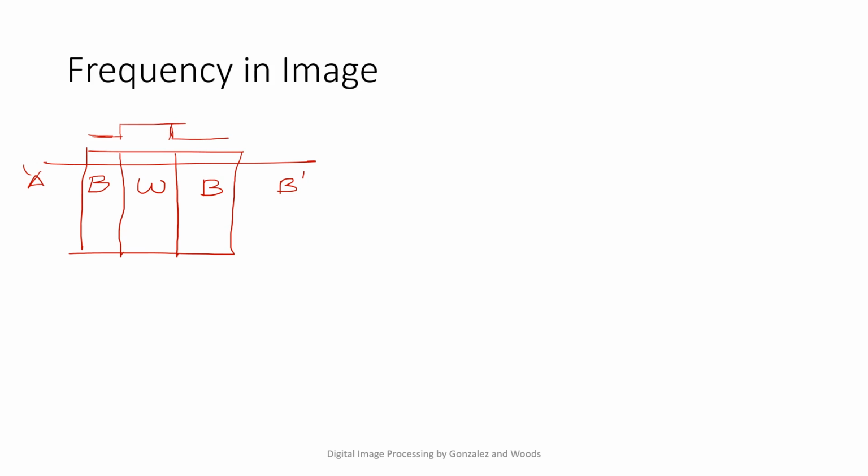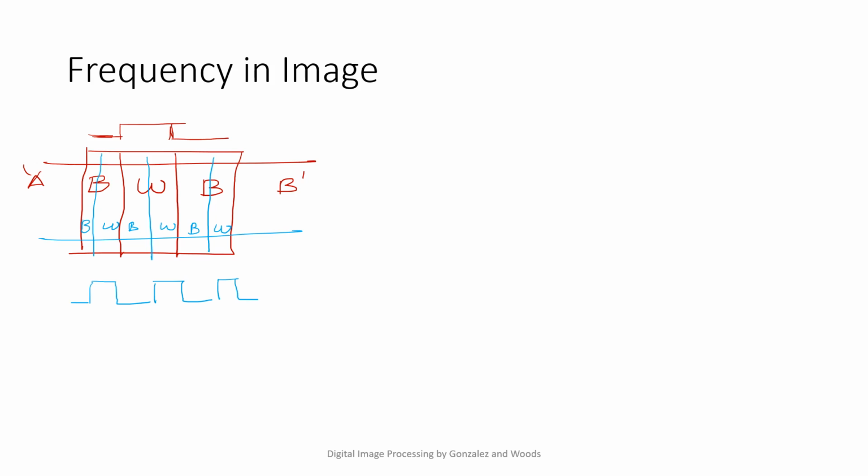This is correct. Now instead of this, if I have these bands, this is black, this is white, this is black, this is white, this is black, this is white. So what will the gray level profile be here? Black, then white, black, then white, black, then white.